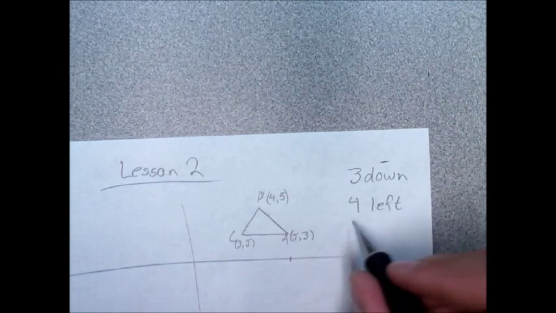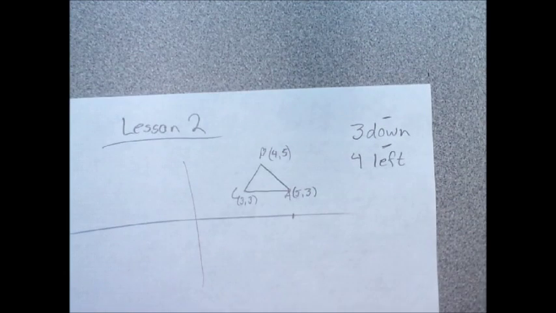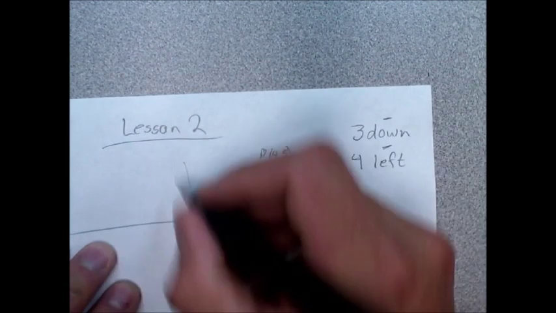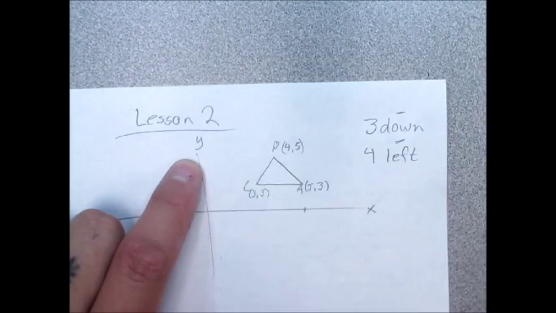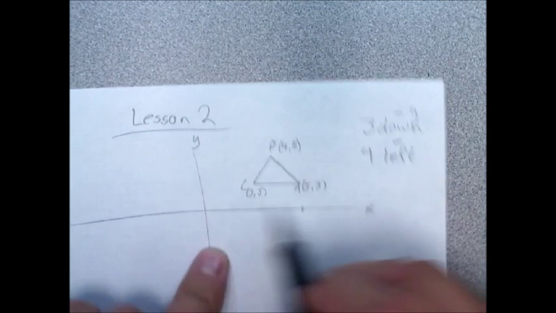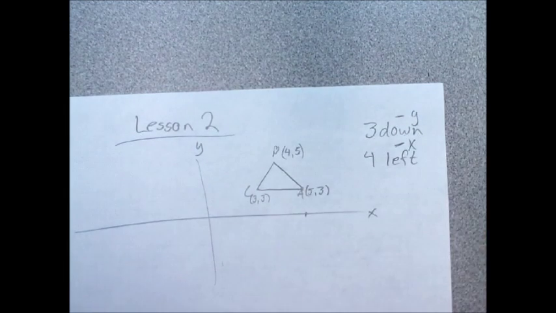If I'm going left, I'm subtracting, so that's going to be minus. Now I just need to identify which one of these variables it affects. Remember, this is the x-axis, this is the y-axis. Down would affect the y, so we're going to subtract the y. Left would affect the x, because that's where the x goes, left and right. So it's going to be subtracting from the x value of each of those.